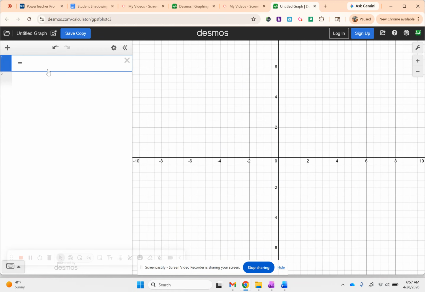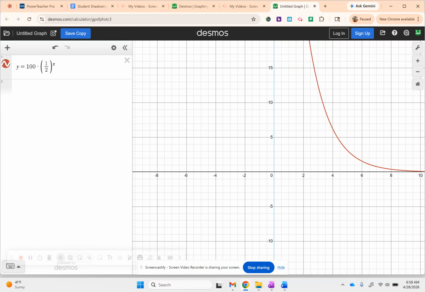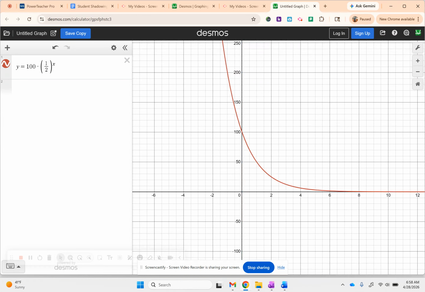So we started off with 100. And then every hour, a half of the medicine in the body remains. And that happens, let's use x. So we're just going to bring this down a little bit.